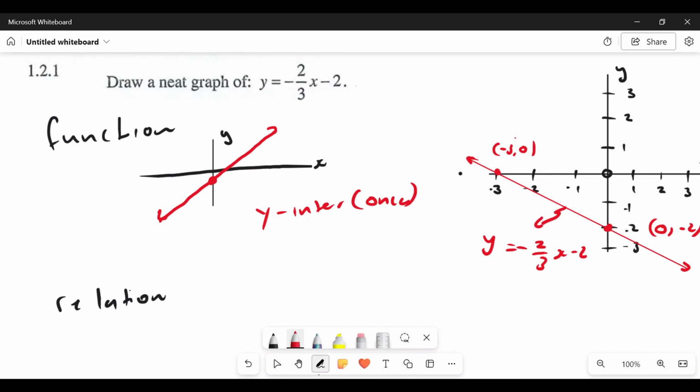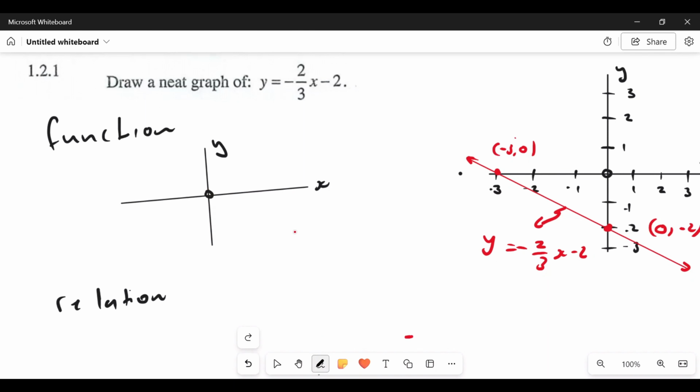Now, another method that we're going to use, let me just erase here. Let me first draw the graph. This time let's draw it this way. Another method is when you use the x value to find the y value. If the x value gives you one value of y, then it's a function. Basically, if one x value gives you one y value, then it's a function.